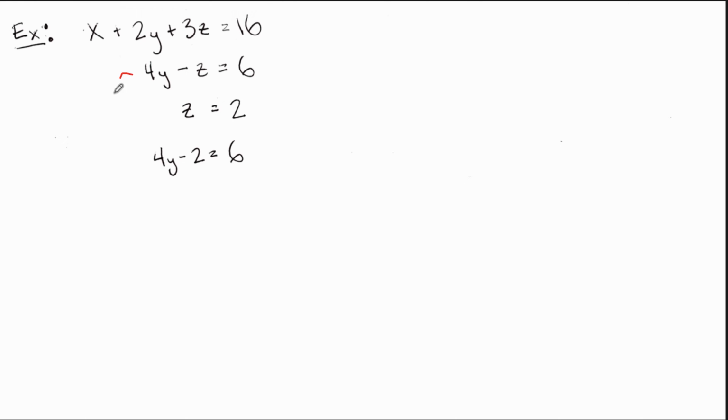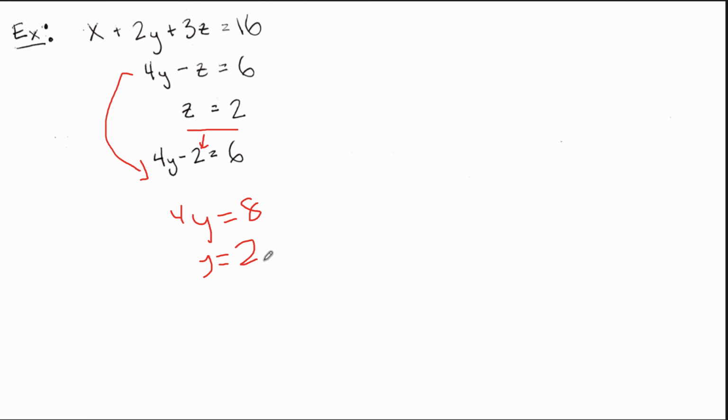So I'm using this equation here to say 4y minus 2 equals 6, because the z equals 2 goes in where z was, and I end up with 4y equals 8, so y equals 2.